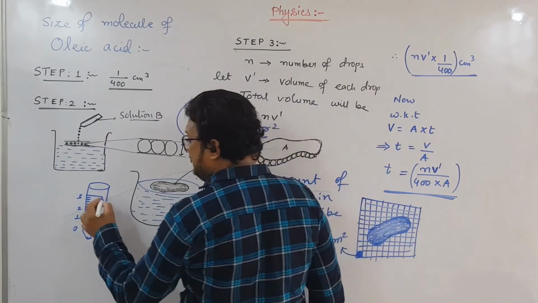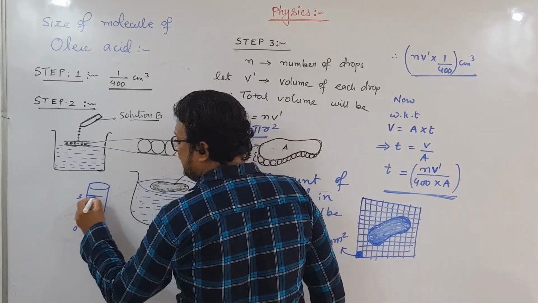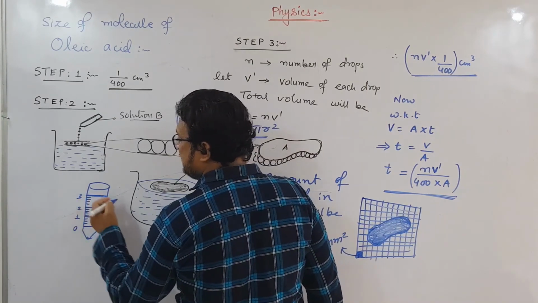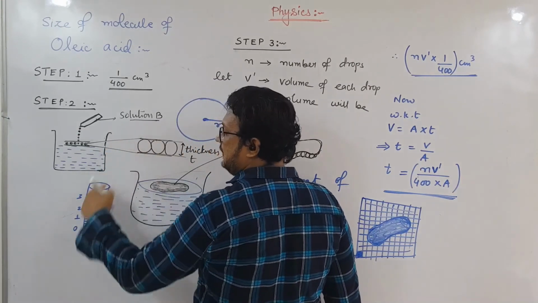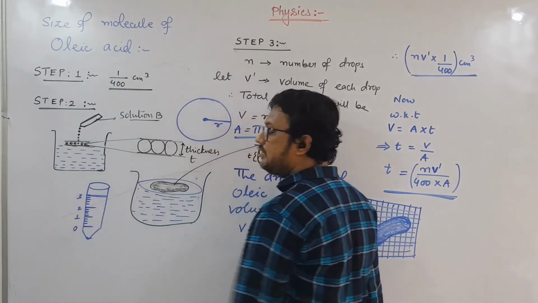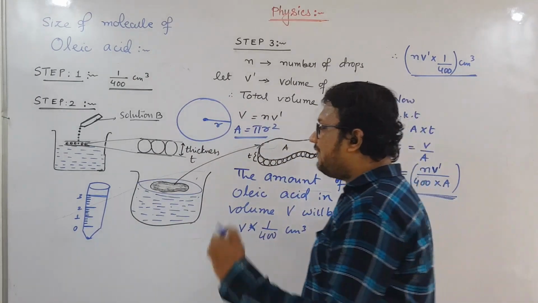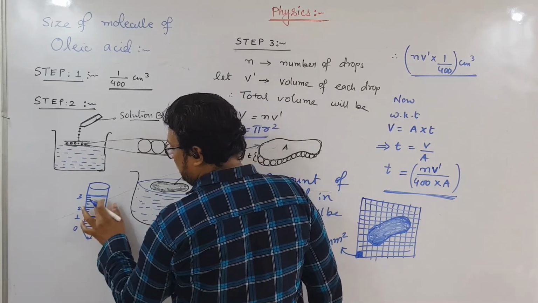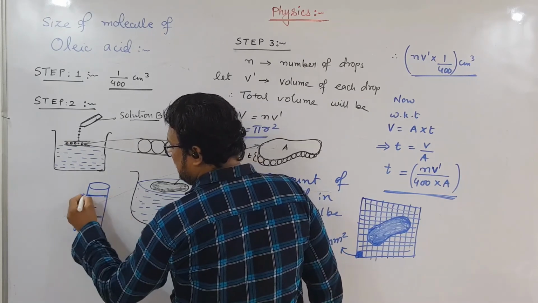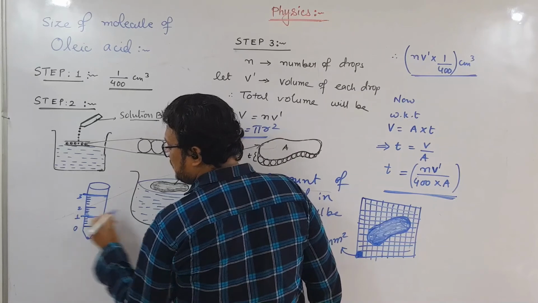Let us say we have filled the dropper with solution B up to the level of 3 centimeter cube. Now after dropping the number of drops, the level decreases to 1 centimeter cube. Initially it was 3 centimeter cube, now it becomes 1 centimeter cube.